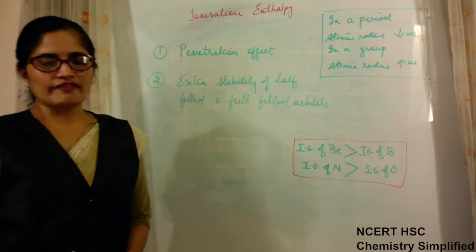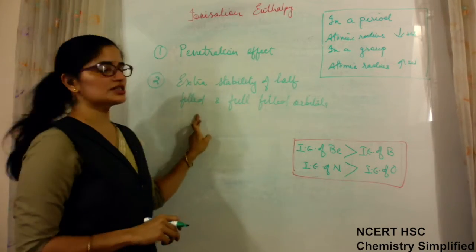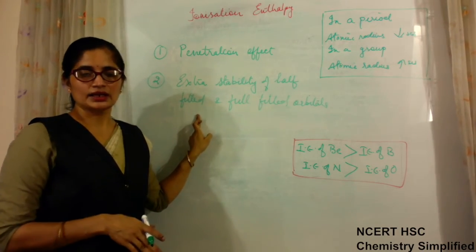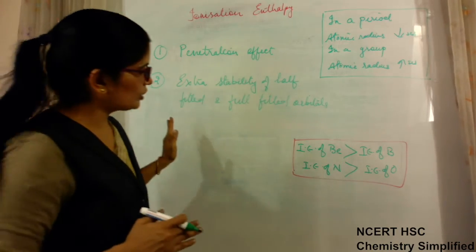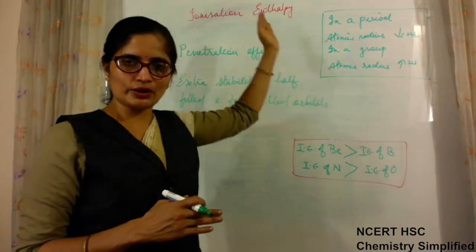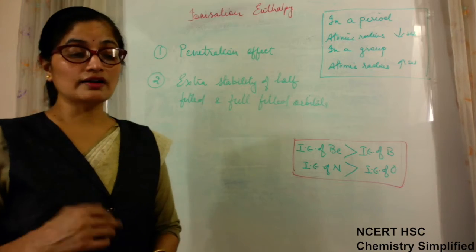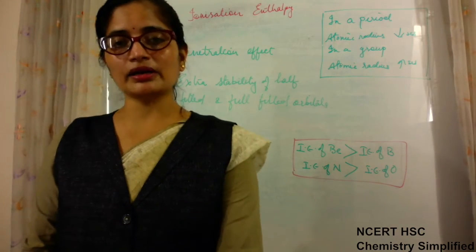Whenever these two conditions come into play, the values which were normally going from left to right or top to bottom will be affected and there will be irregularity.